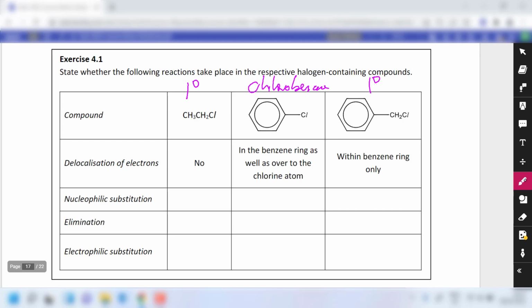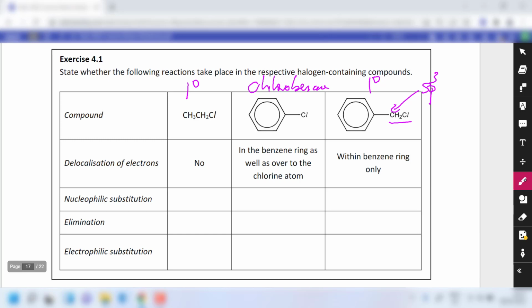Do take note of this: the chlorine is directly bonded to an sp3 hybridized carbon. So chloromethylbenzene is still considered a primary chloroalkane and not a chlorobenzene.